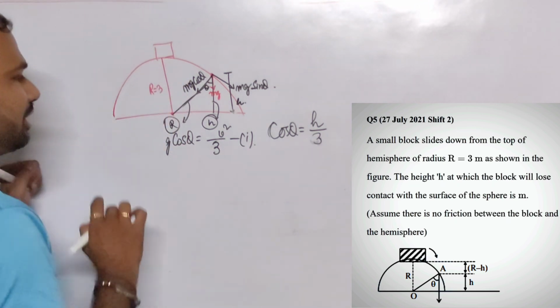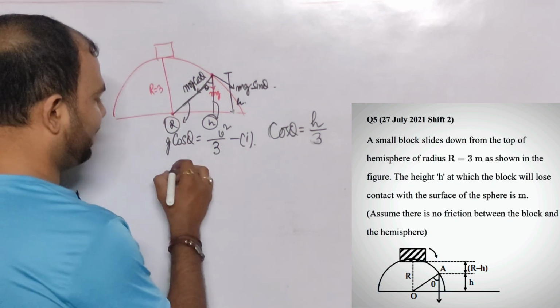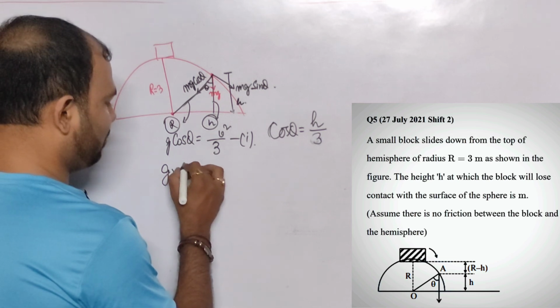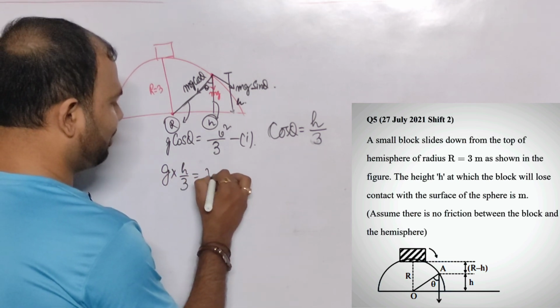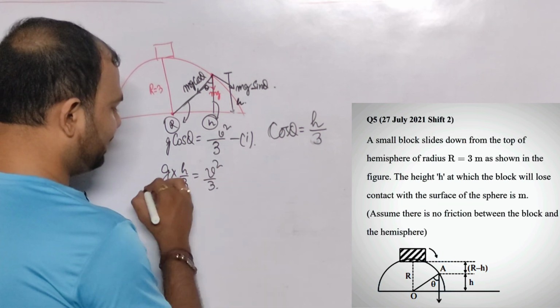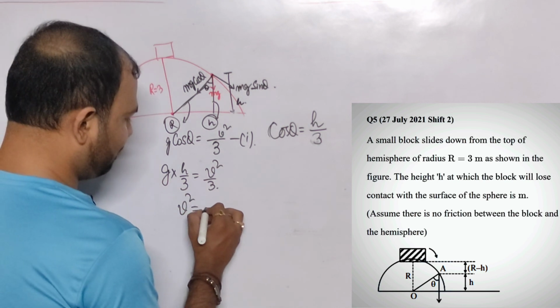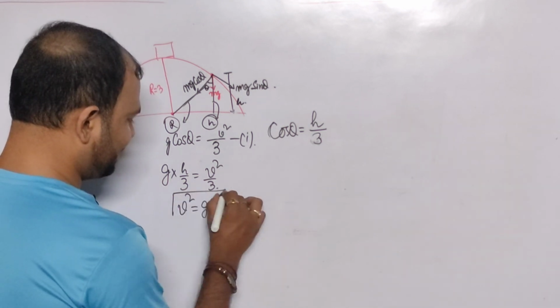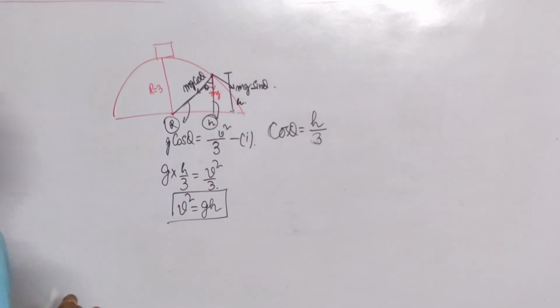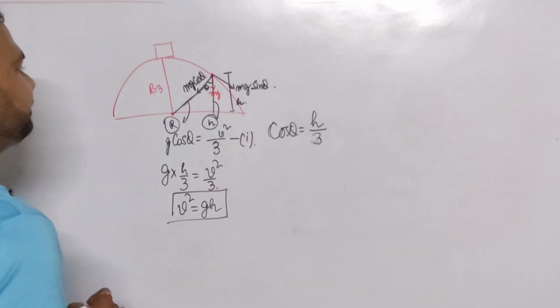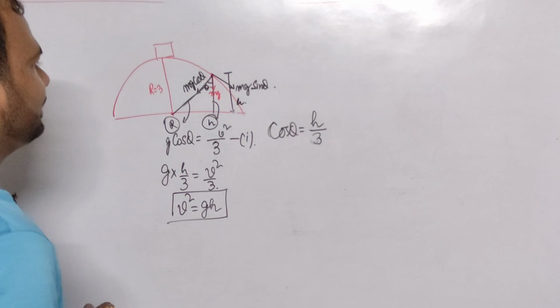If we substitute the value over here, what do we get? g into h by 3 equals v square by 3. 3 gets cancelled out, v square equals gh. This is the value.